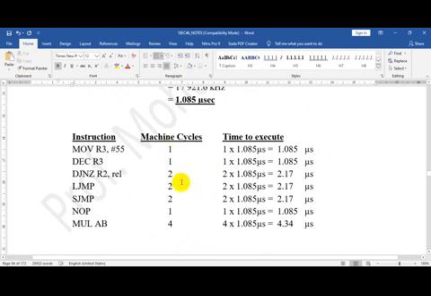Then you multiply these machine cycles by the count value to get the time. And what is the time taken by the entire code?